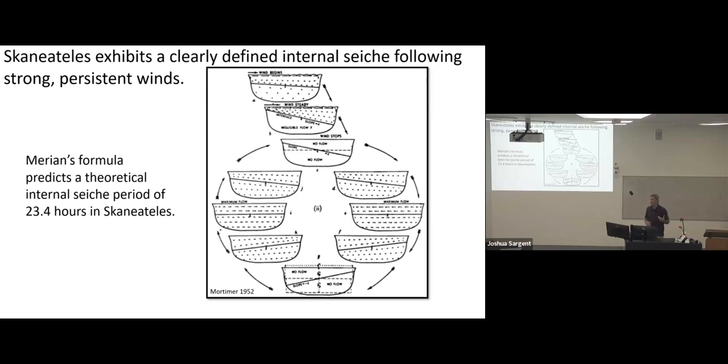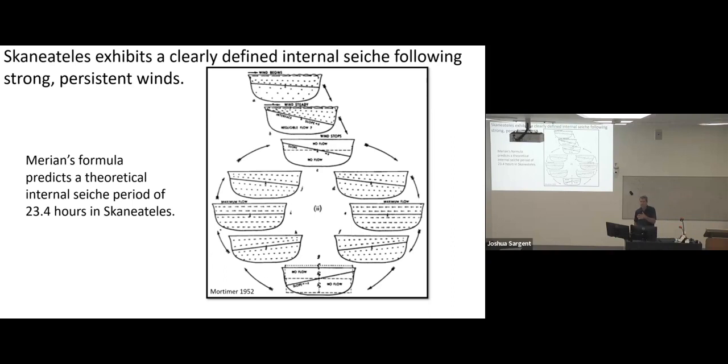Then when the wind lets up, you can get waves across that thermocline that transit down the length of the lake. You can predict the theoretical period of these waves based on attributes like the bathymetry and length of the lake. Anyway, that's a description of what an internal seiche is.